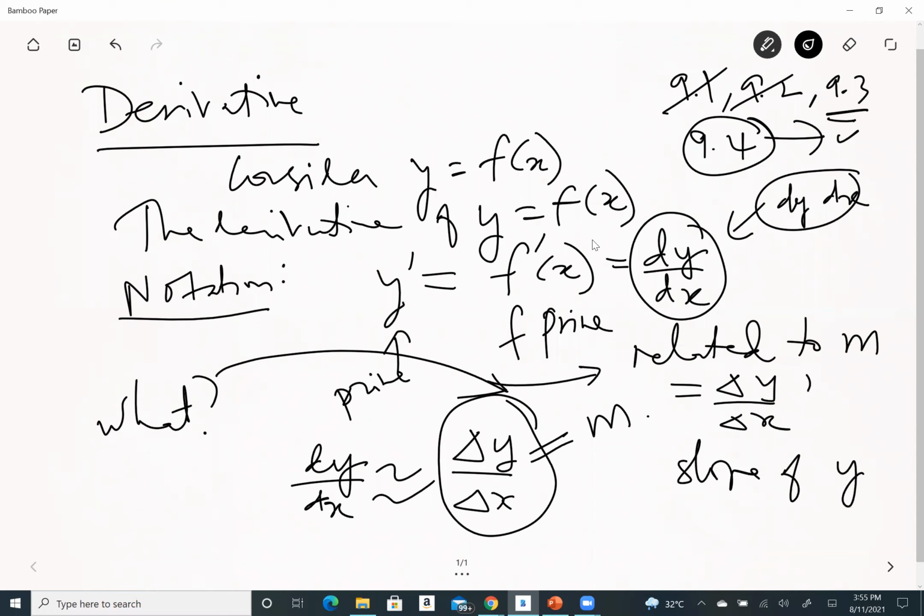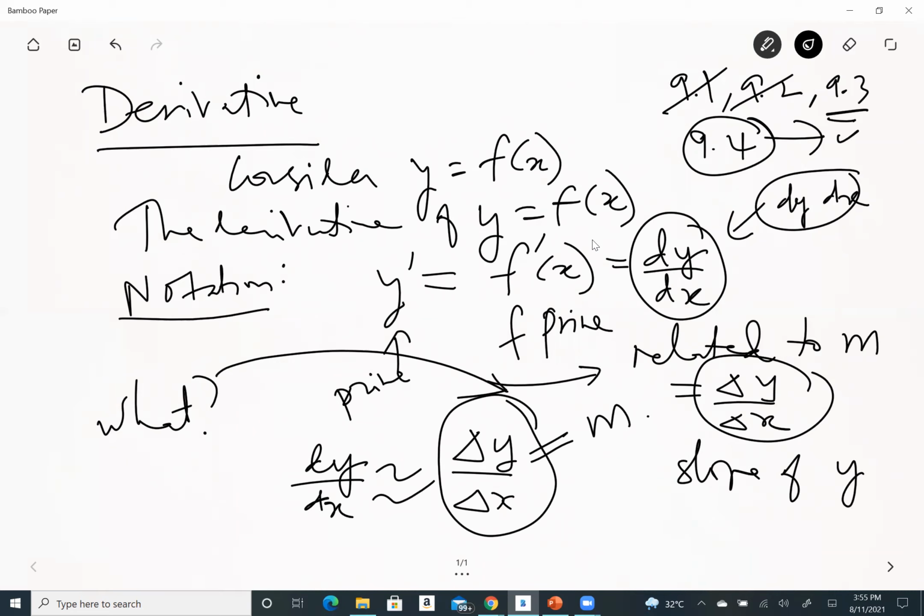If you go back to chapter 1, we do this for linear function. You are given 2 points, and how do you measure the slope? You just take the difference, y2 minus y1 divided by x2 minus x1.